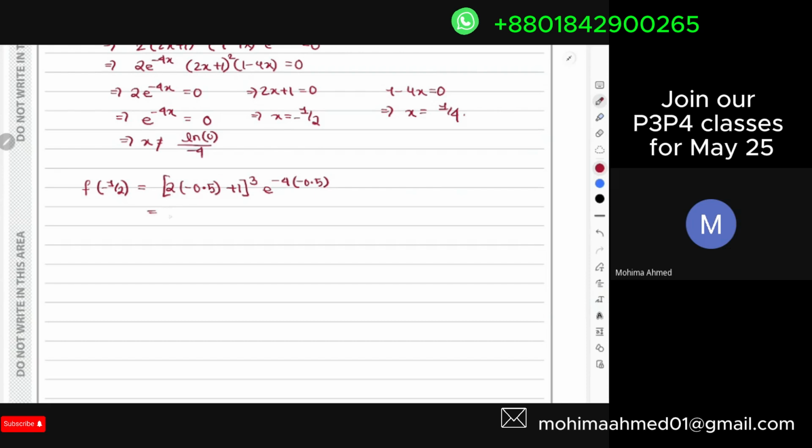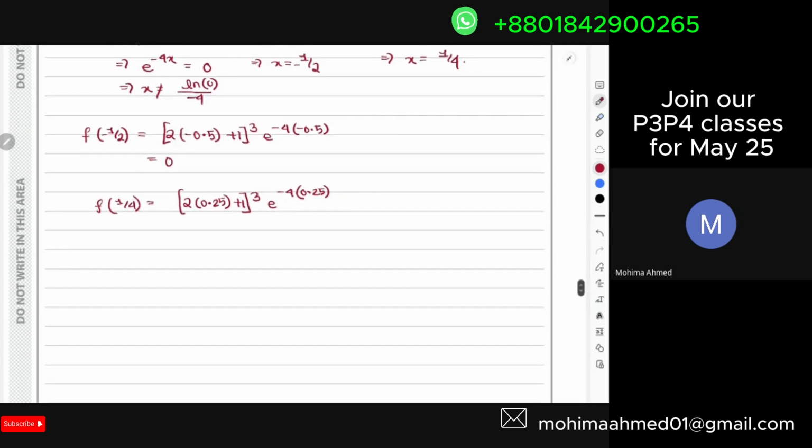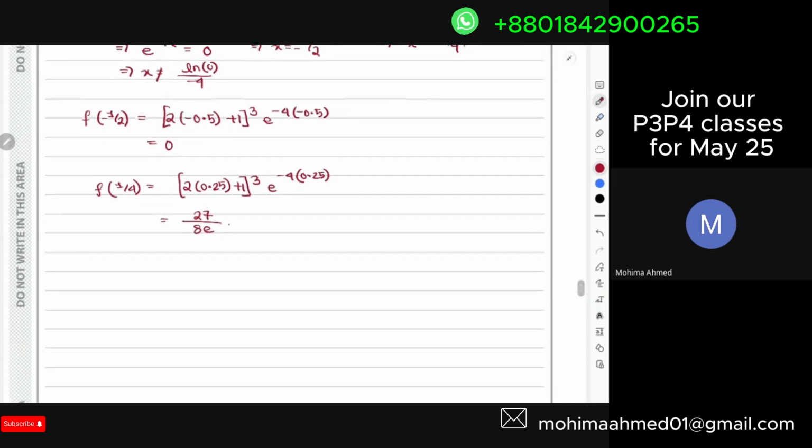Right, this gives you a value of 0. And then again, if I calculate this for 1 by 4, which is 0.25, so (2 times 0.25 plus 1) power 3 e power minus 4 times 0.25. That's going to be 27 by 8e. So you get 27 by 8e. And this is your coordinate.